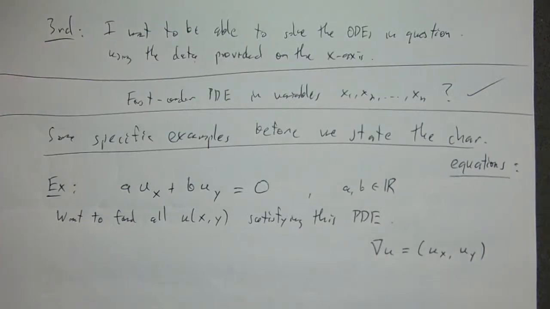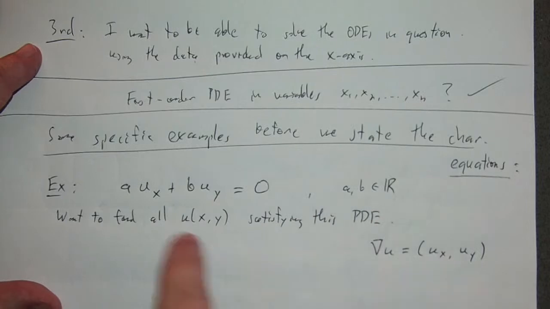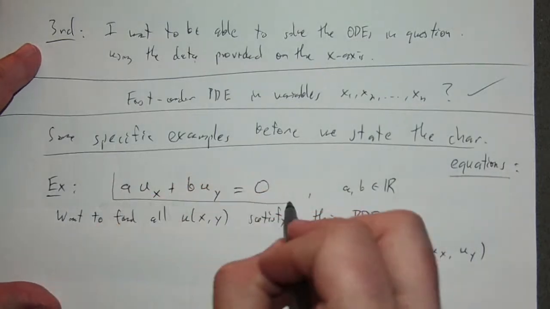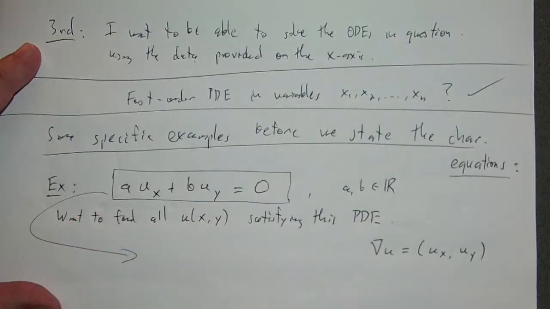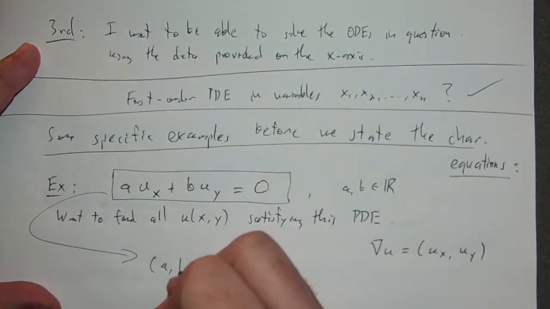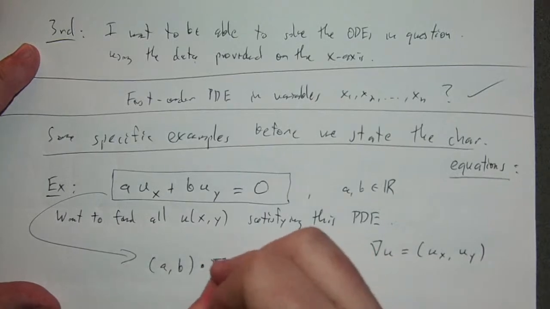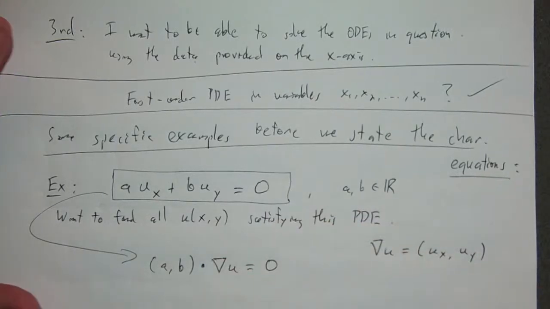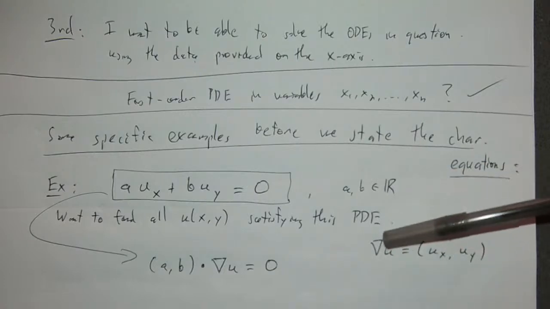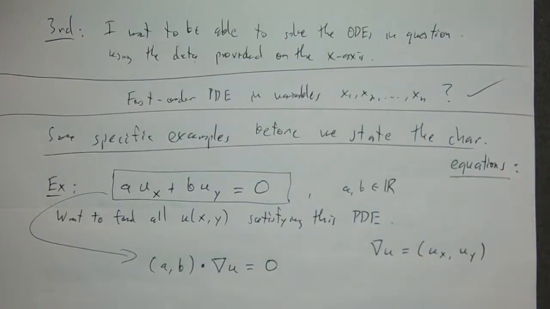A and B are just two real numbers, and so this equation can be rewritten as the vector (A, B) dotted with the gradient of u, and that is equal to 0. Here's my vector, and this is my gradient, which contains first order partials of u. These two things dotted is exactly this expression. That's just the dot product of these two things, equal to 0.